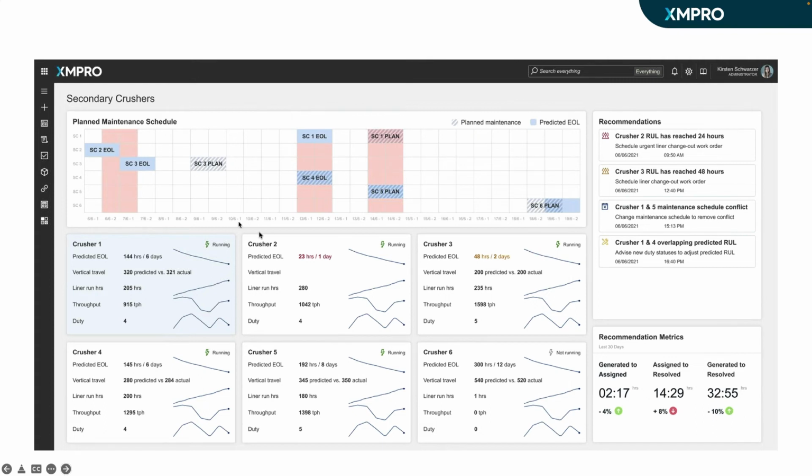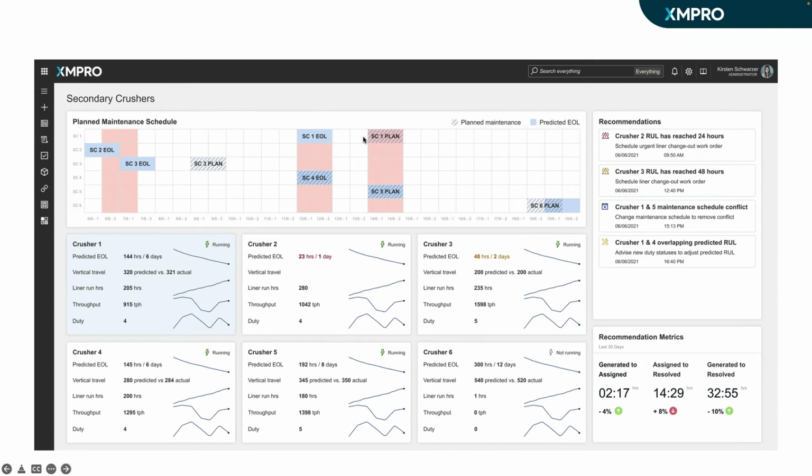I need to know, and so we need to predict the liner wear, and there might be some predictive analytics involved in that. In actual fact, in this instance, there's some predictive analytics to predict the wear on the liner, and if 2 of them overlap, we need to know in advance so we can tell the control room to do something. So again, this is giving them recommendations on how to do that.